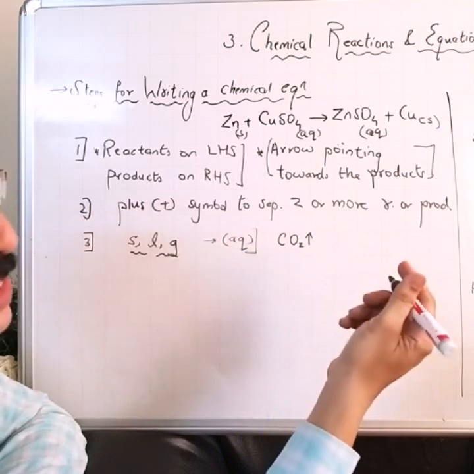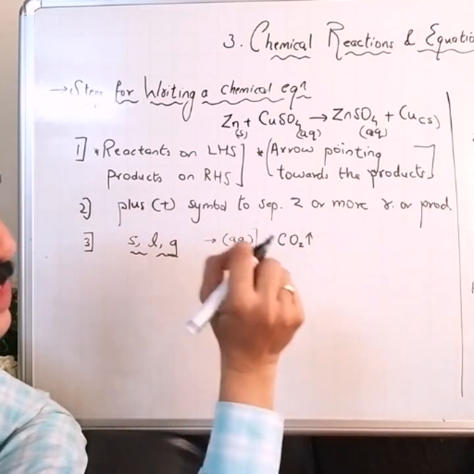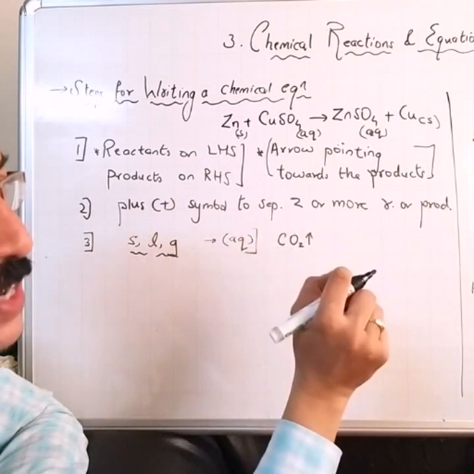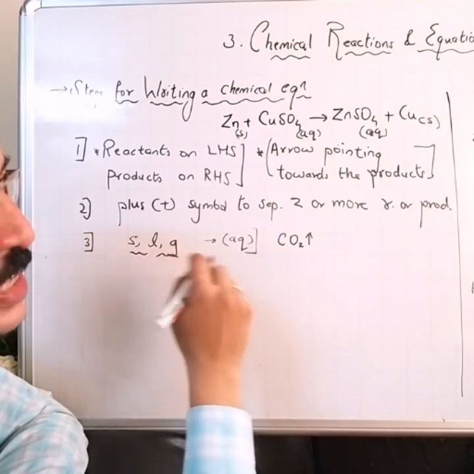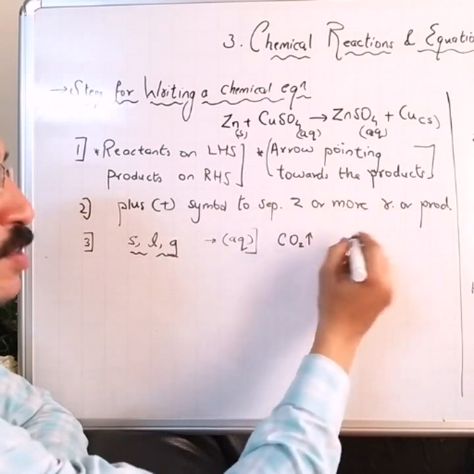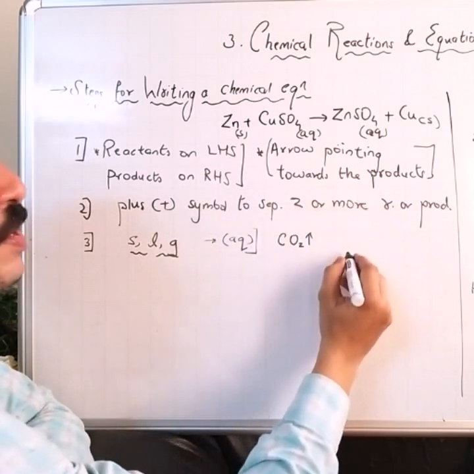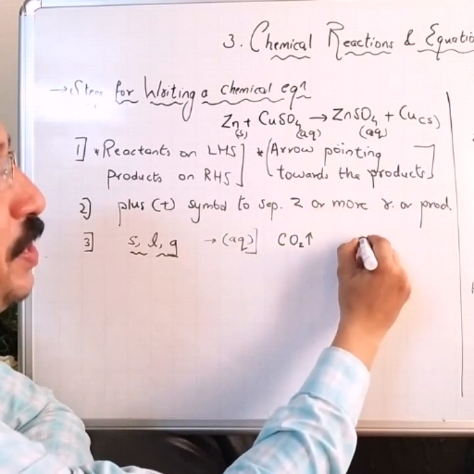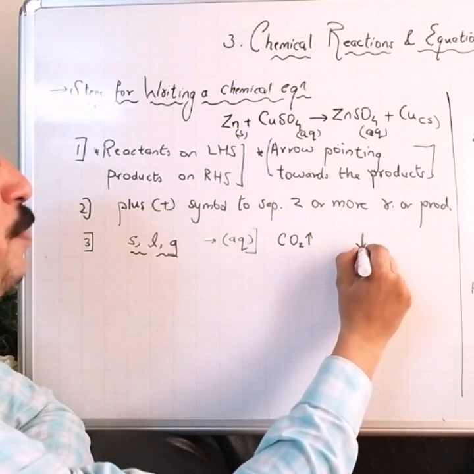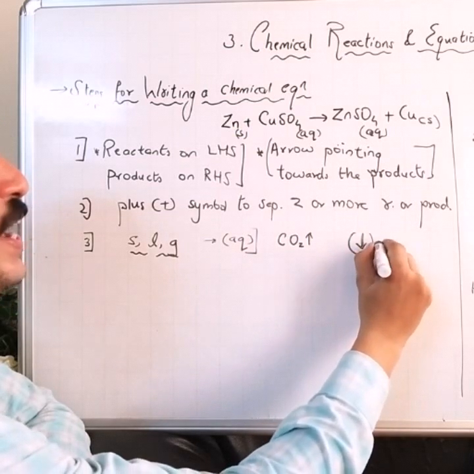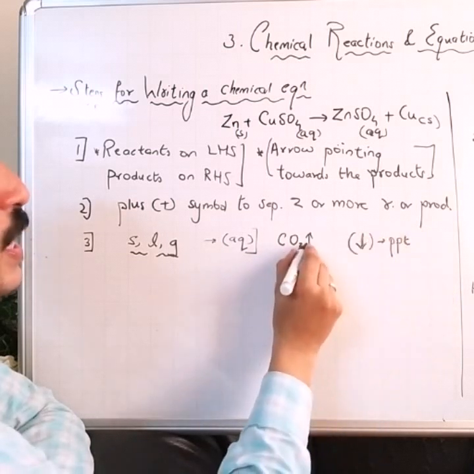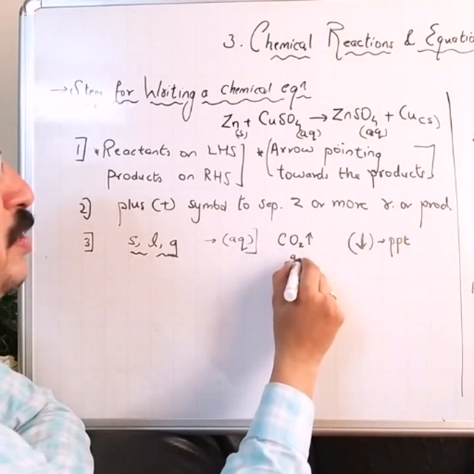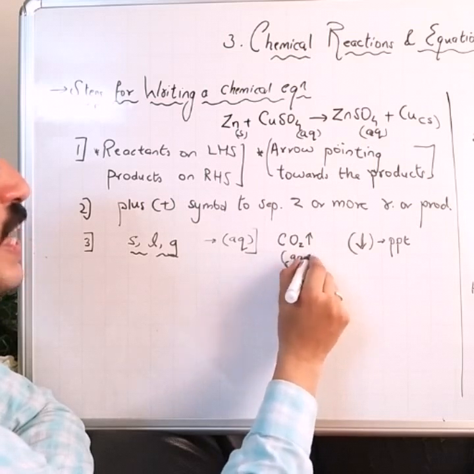Similarly, in the products, if we get an insoluble substance, something which is not soluble in water, it is called a precipitate. So beside that particular formula, we have to put a downward pointing arrow. A downward pointing arrow is put to indicate what? A precipitate, PPT. And an upward pointing arrow is put to indicate liberation of a gas.